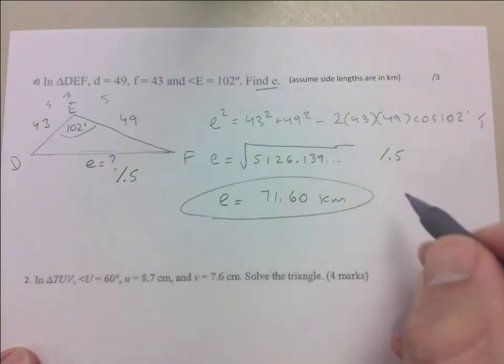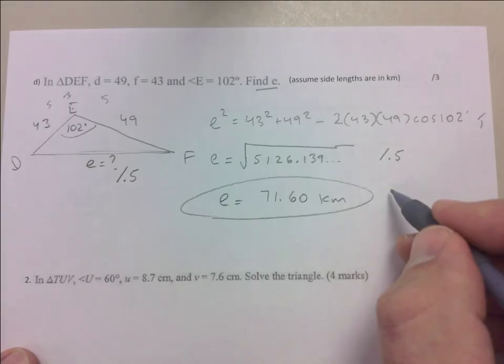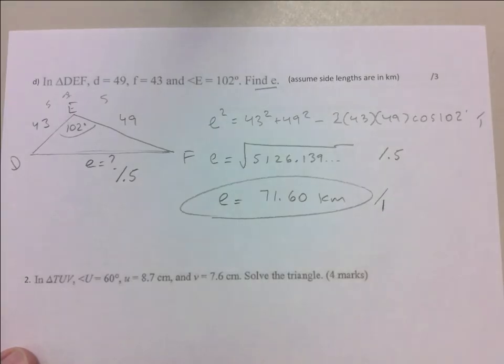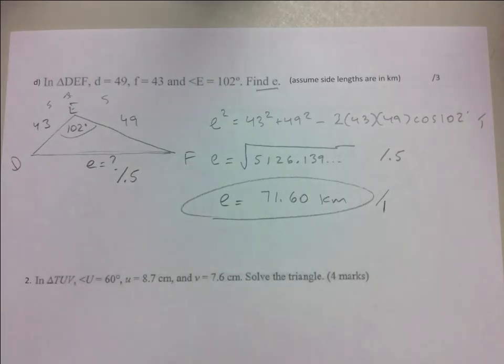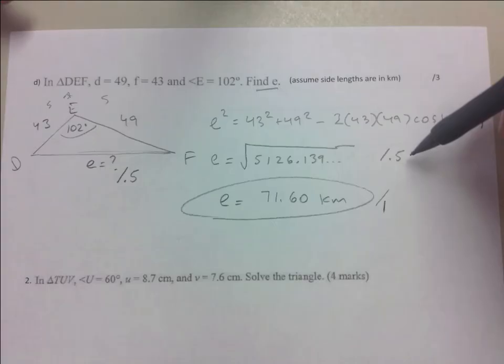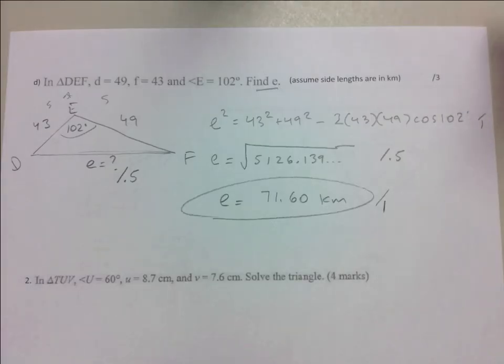Sorry, this is worth 1 mark, never mind. 1 mark for the final answer, not half. So half for your diagram, I don't care if it's drawn to scale. 1 mark for substitution, half a mark for the work, and a full mark for your correct final answer.